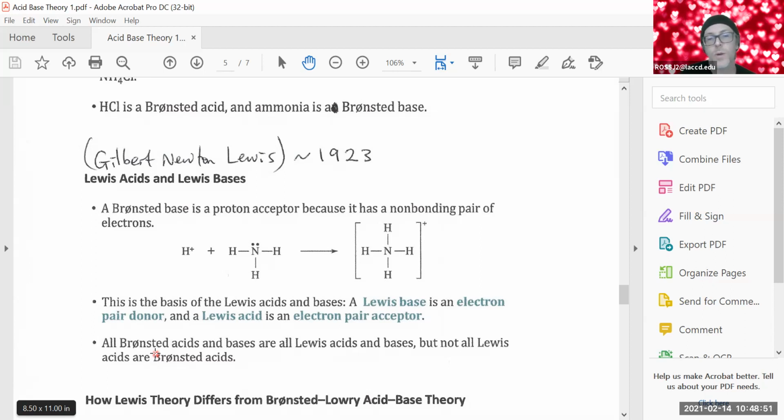Because Lewis acids and bases can be things other than proton donors. We can go beyond proton chemistry with the Lewis definition. And so you'll find the Lewis theory is a lot more common, a lot more practical in aprotic environments, or environments without protons. So let's write that down.